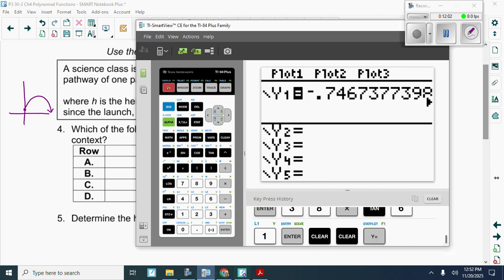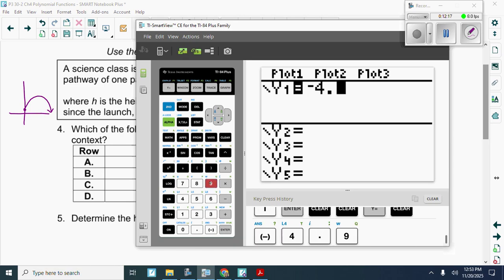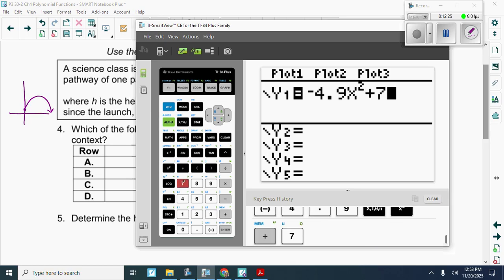So y equals, clear what you have. Guys, get out your calculator. I want to see your graphs. Negative 4.9, remember, we're substituting x in for our t, so x squared plus 7x plus 0.5.